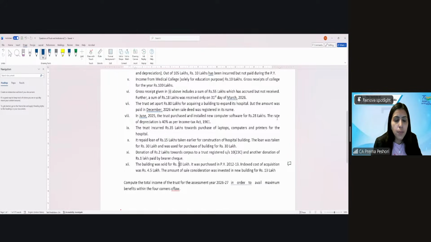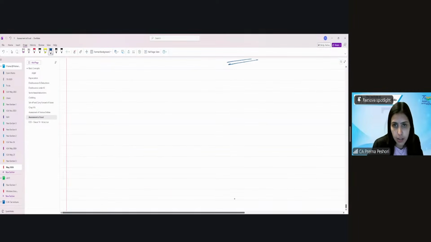Okay. Shall we proceed further? Yes, ma'am. Okay. Now understand one thing. We have considered the entire statement of the total income of the trust. Now there is this one section which is 115BBI, which is pertaining to the deemed income or the specified income.